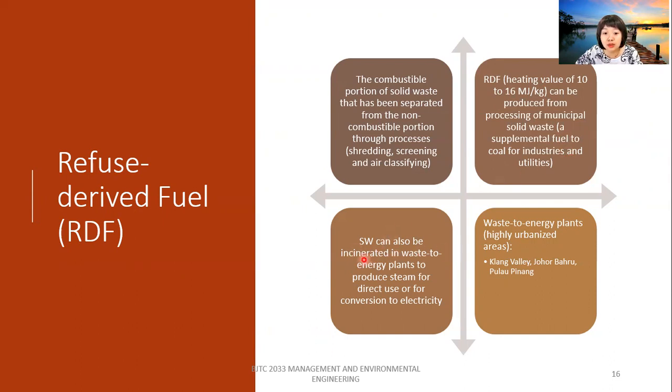Solid waste can also be incinerated in waste-to-energy plants to produce steam for direct use or for conversion into electricity. We suggest these waste-to-energy plants should be located in highly urbanized areas, because it doesn't take too much space to build up landfills, but we burn all the solid waste.